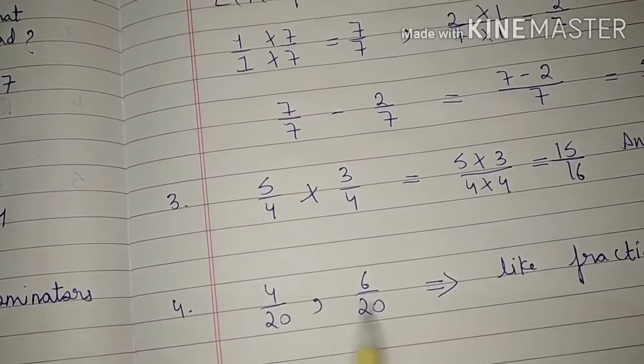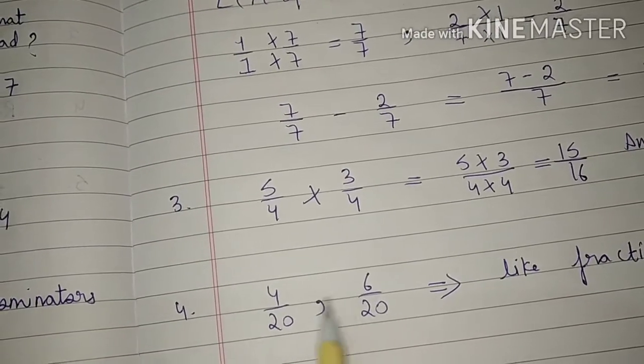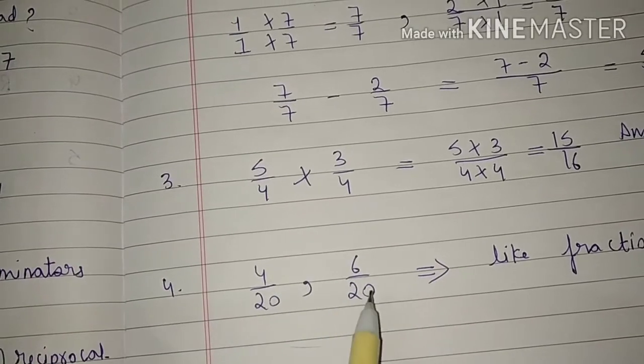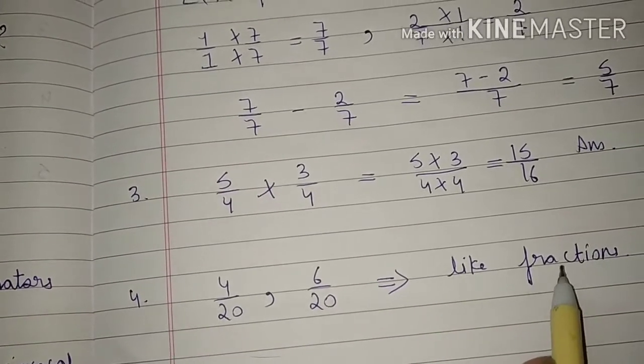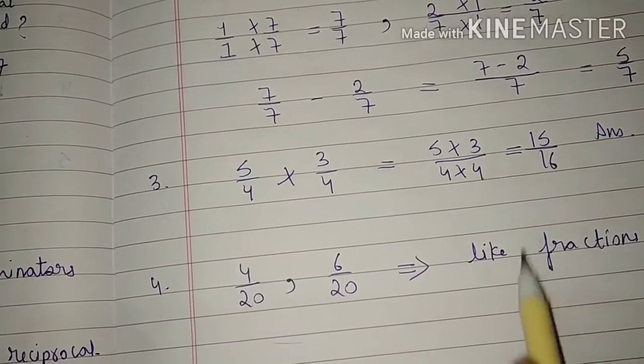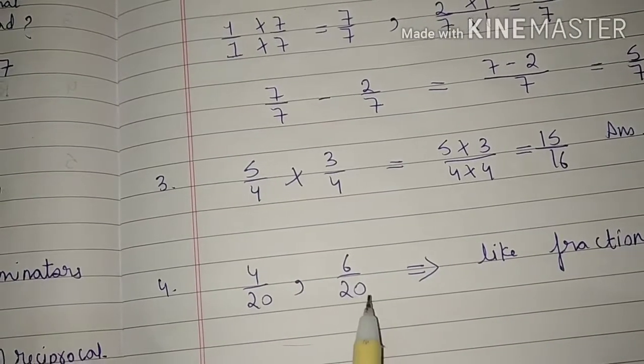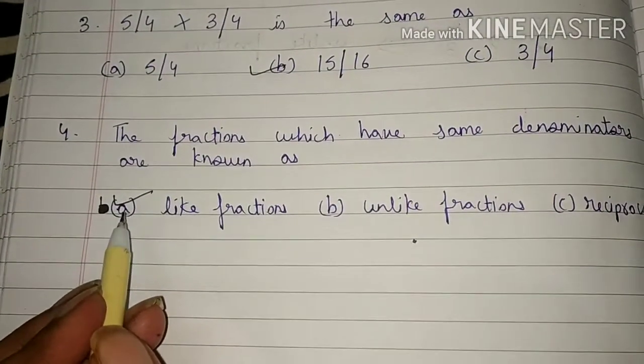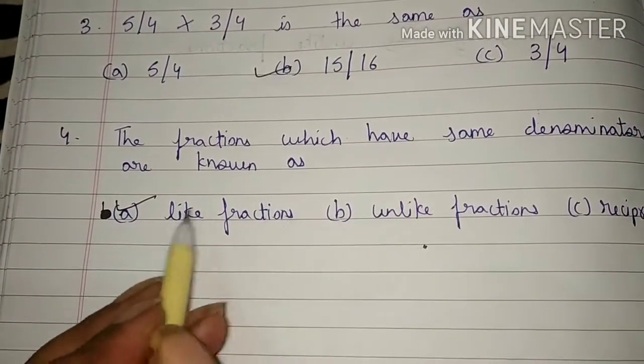Students, this type of fraction, we call it like fractions. So, like fractions are those fractions which have same denominator. Now students, your correct answer is like fractions.